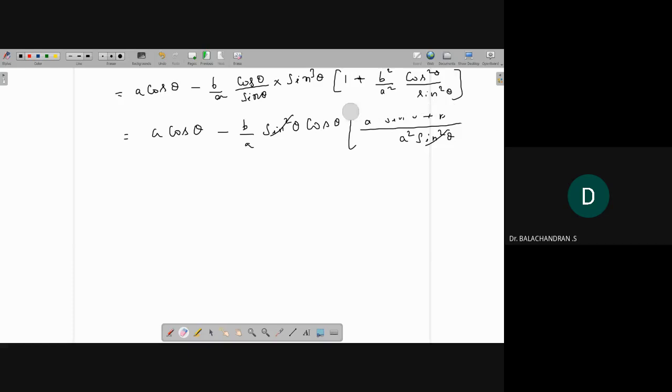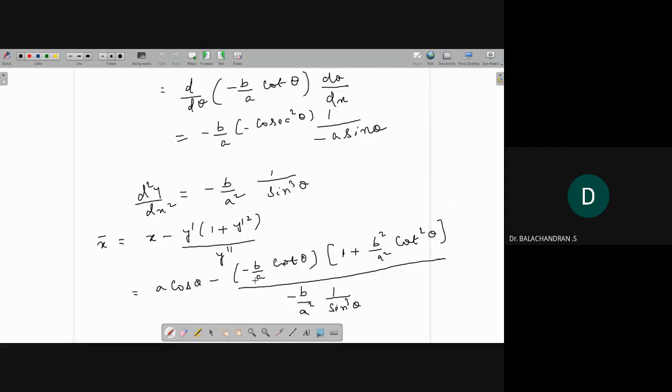So this is equal to a cos theta minus b by a cos theta by previous step.